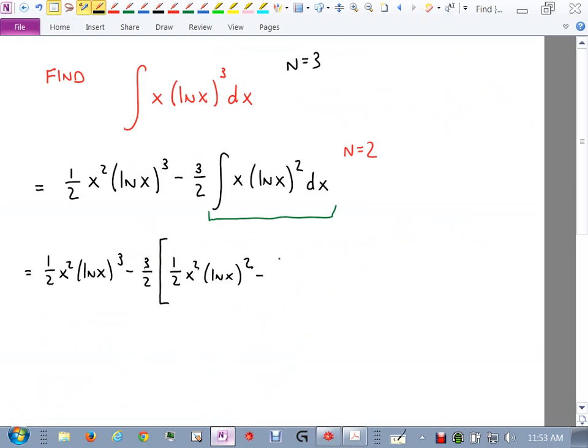So 1, I'll put it here, 1, integral what? X natural log x to the first power, right? So just that.